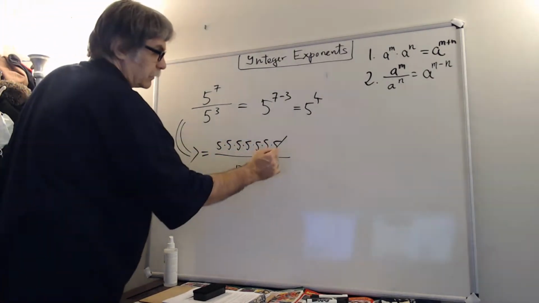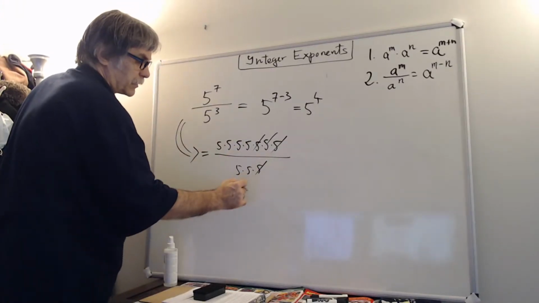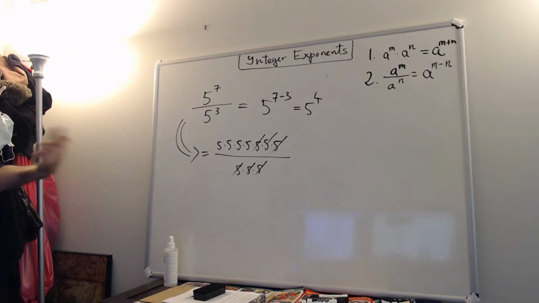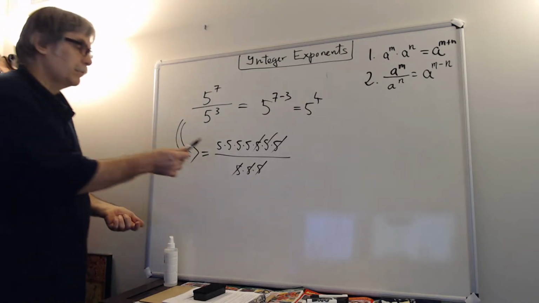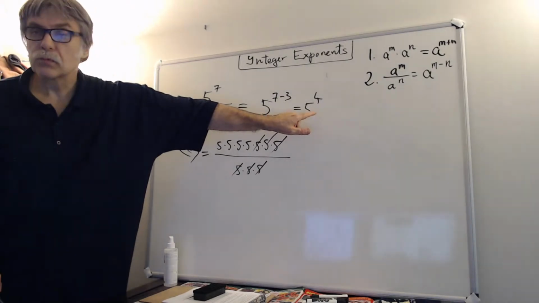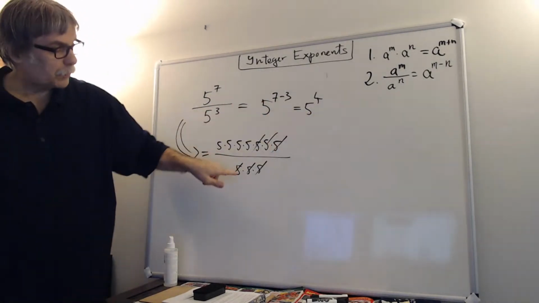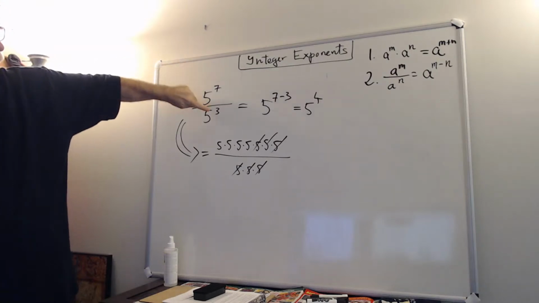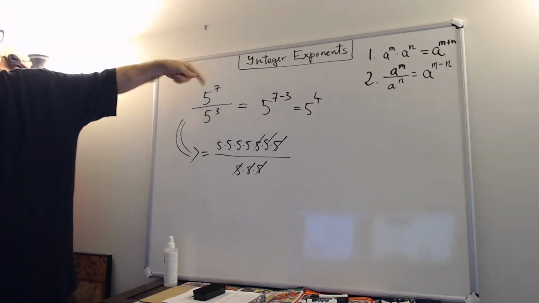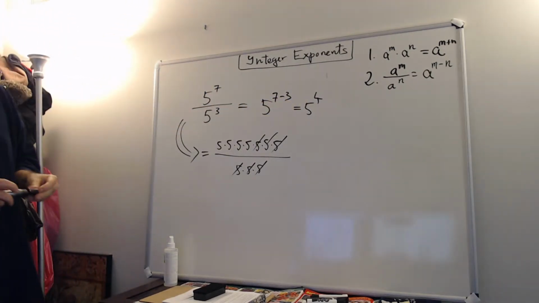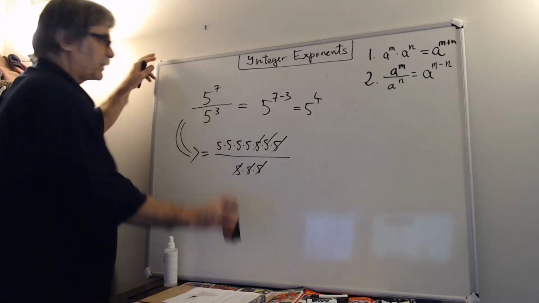So you can cancel, cancel, cancel the common factors. And now you have 1, 2, 3, 4 left. So you're canceling 3 on the top and 3 on the bottom. Basically, you're subtracting 3 here. So these are all gone, and it's going to be 7 minus 3, which is 4 left. So you can see that makes perfect sense. The rule makes perfect sense.